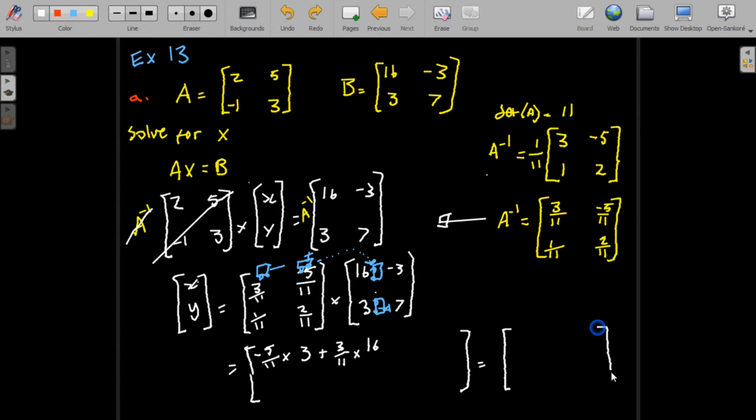Part B, we have AX equals 13, minus 1. So similar case as before. I've got matrix, or the inverse of A. We don't need to do that again, we've got this here, so 3/11. So I might as well just copy that.